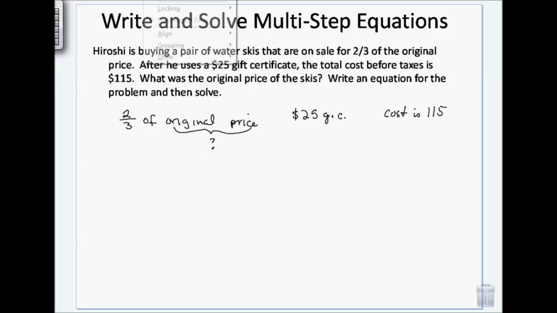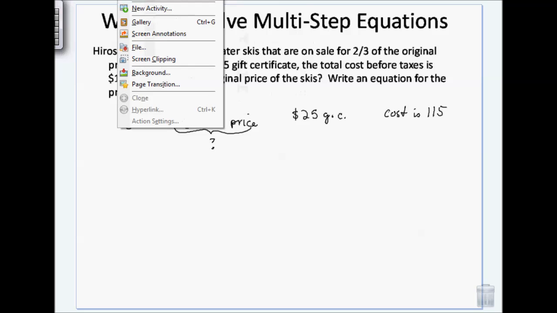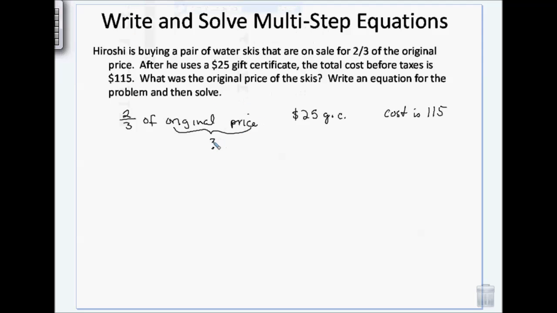First of all, we're going to need to assign a letter to the original price. That's our unknown. That's what we want to find. So we'll give it a variable. I'm just going to use P for price. 2/3 of the original price is 2/3 times P. Now he uses a $25 gift certificate.